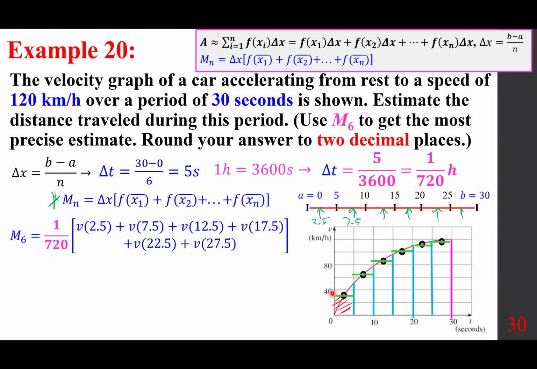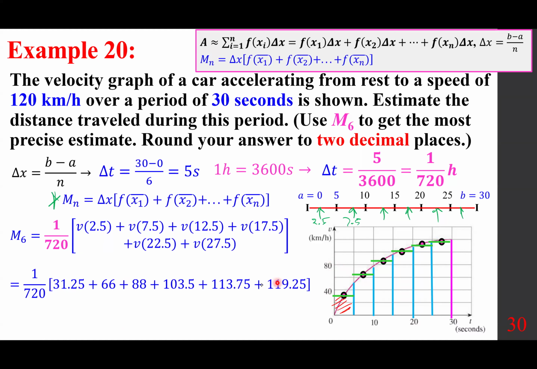So you have to do the reading. Now, this reading may not be easy to do for this one, but the ones that you come across will be easy to read. So you try to read the best you can, and the numbers that you read for 2.5, for example, or 7.5 and so on, or 31.25. These are the readings from the graph.